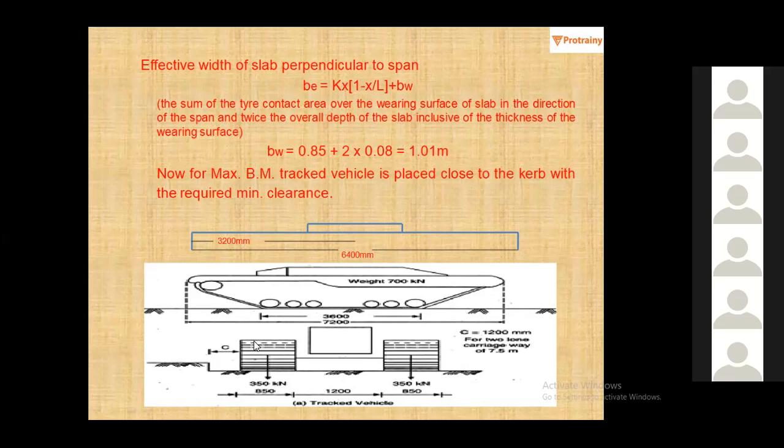In order to find out the net effective width of dispersion, this is the arrangement. This is our footpath, which is 1 meter wide. After that, the safe clearance C, which is already given as per code, is 1.2 meters. Then 850 mm, then again 1.2 meters, then again 850 mm.